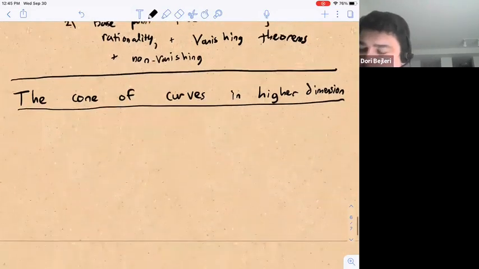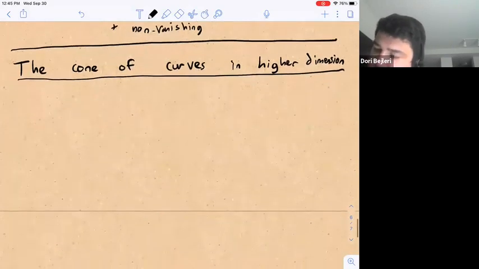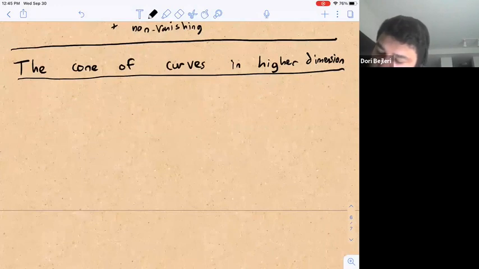Okay, so before I only defined intersection products and numerical equivalences for surfaces. So let's just set up notation and define everything in general. So let's say X is projective.